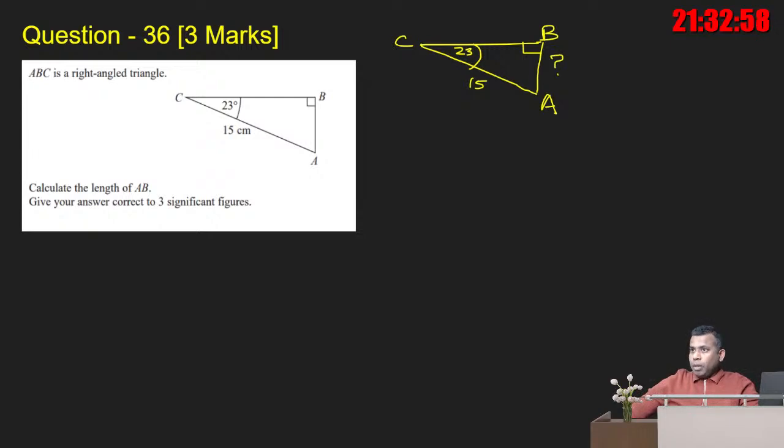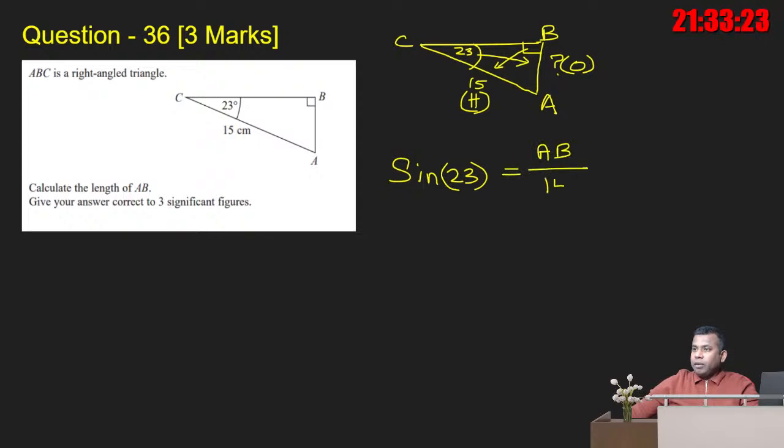The side opposite to the given angle is called the opposite side. Opposite to the 90 degrees is going to be the hypotenuse, right? So O and H are related by sine: sine 23 degrees is opposite, which is AB, over the hypotenuse, which is 15.